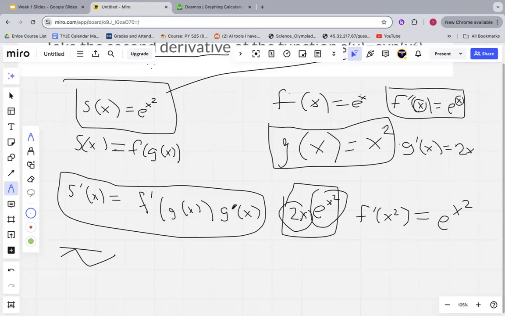Intuitively, though, what you can think about is if you have this function f of g of x, x changes by a certain amount, which changes g by a certain amount. That shows up here. And then because x changes g, that changes f by a certain amount, which changes s. So this shows how much x changing changes g, and this shows how much f changes at a certain value of the input.